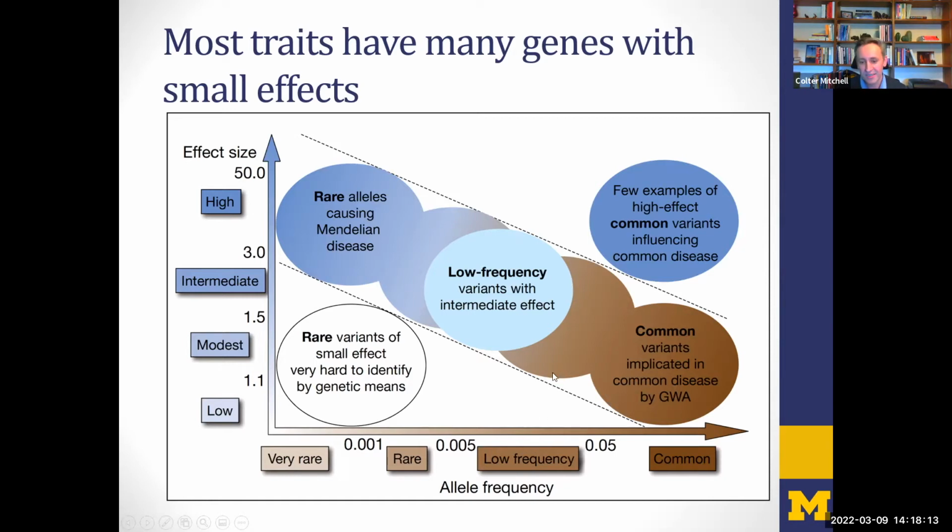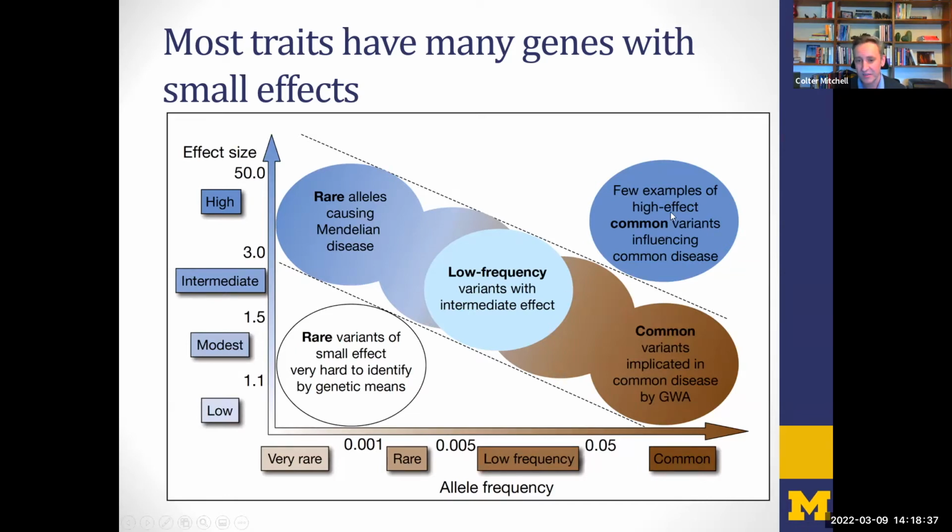And what you see is that most of the genetic variation that we see in the world is driven by what we call common variants. So at least 1 to 5% of the population has that version. And that's driving most of the genetic variation. It's very rare to have really rare variants that have small effects. That's almost impossible to detect.